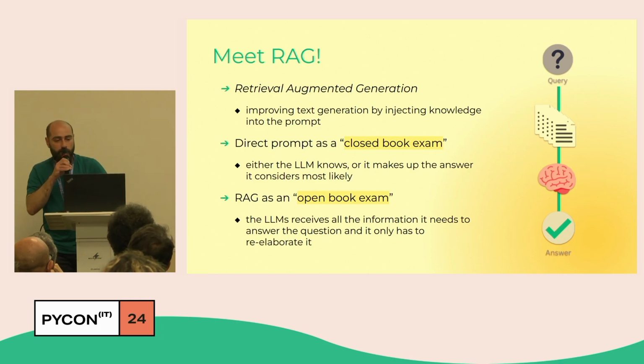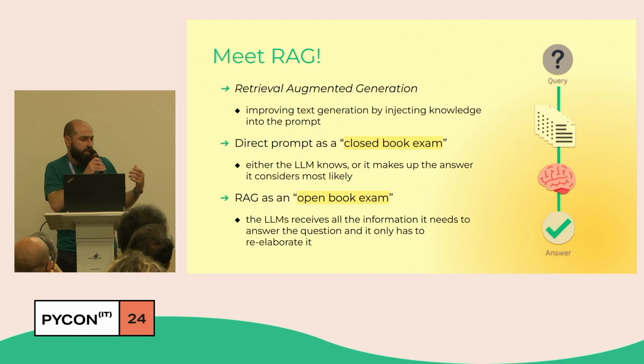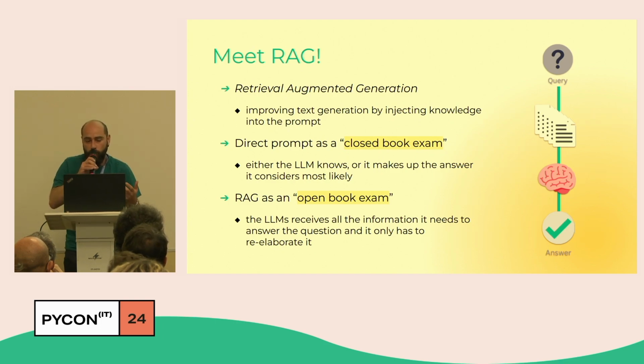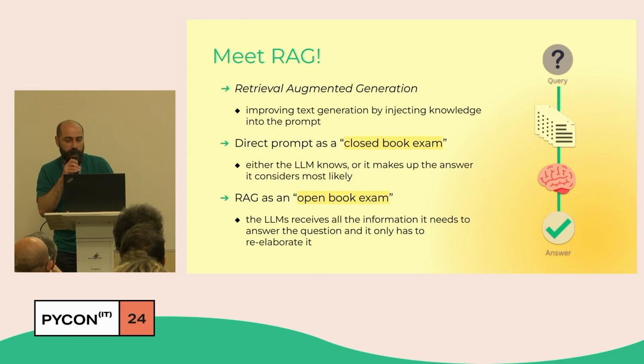So we can think of direct prompting, as we have done, as a closed book exam. So the LLM knows or makes up a statistically plausible answer, while RAG is like an open book exam. So it can make sense in several situations.